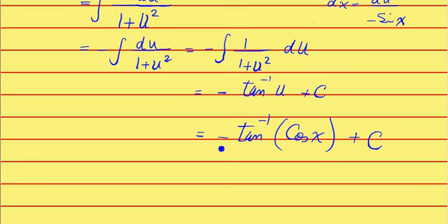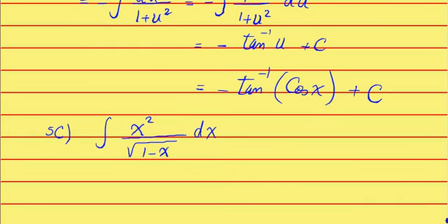Next problem, a bit more challenging than the ones we have done. That is problem 5c. It says integrate x squared over the square root of 1 minus x, dx. Again, the main thing is just a starting point.